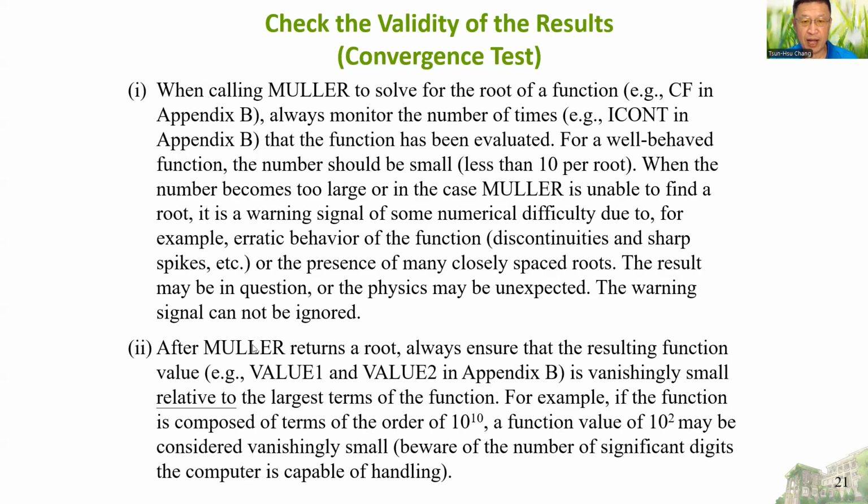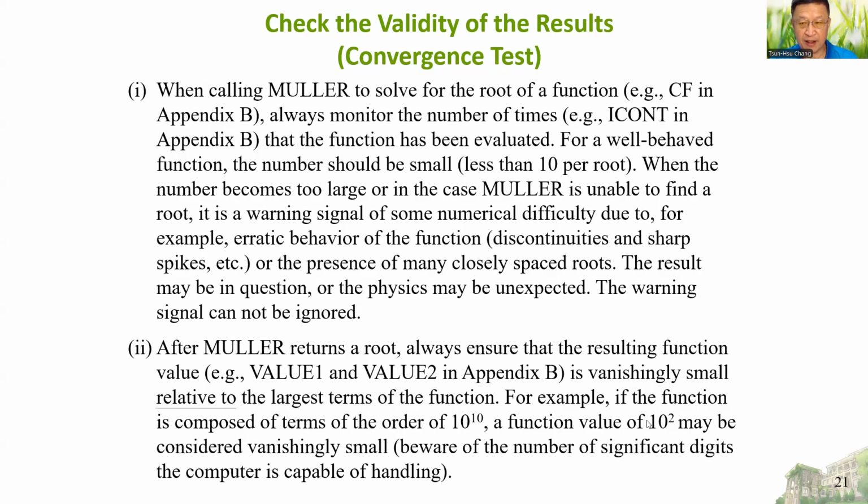Very important. After Muller returns a root, always ensure that the resulting function value, for example, value 1, value 2 in Appendix B, is vanishingly small, converged relative to the large terms of the function.